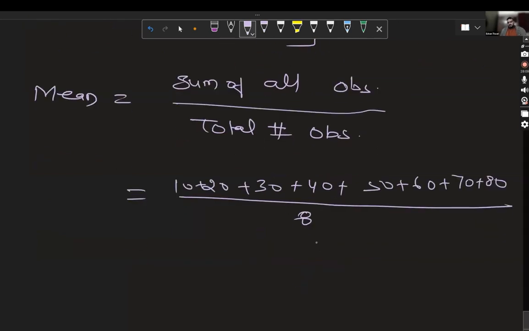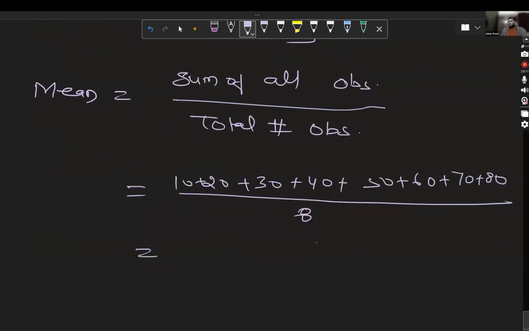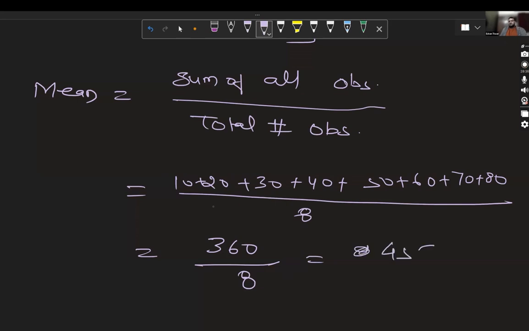Let me quickly calculate the sum. The summation of all this comes as 360 by 8, or 45. So the average value, or the mean, for this data set is 45.